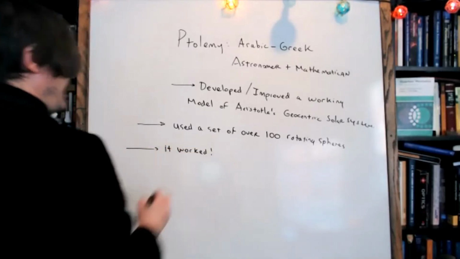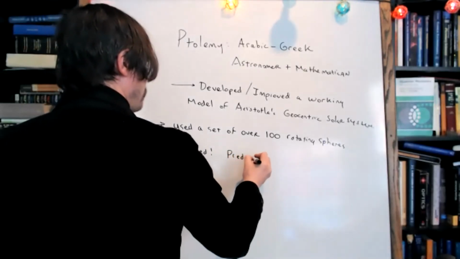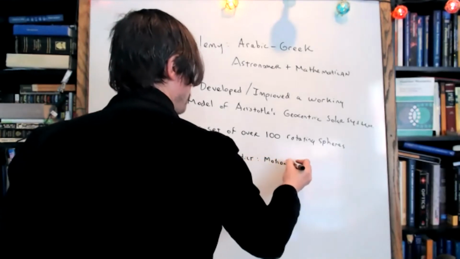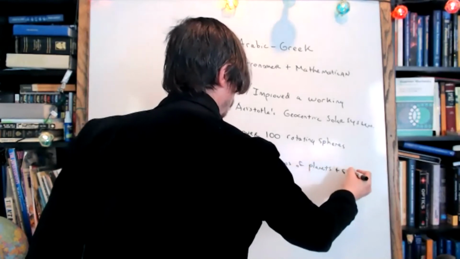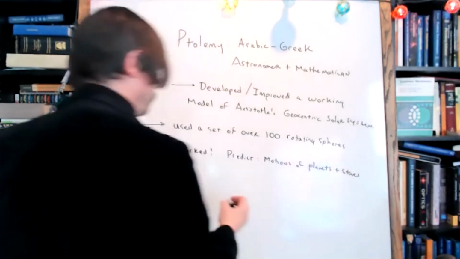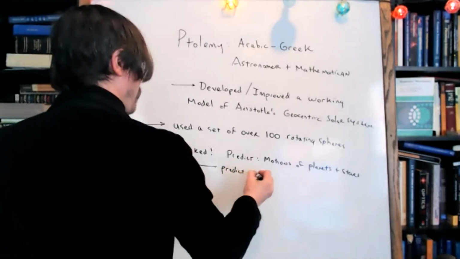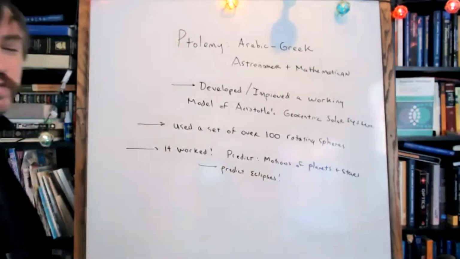And what do I mean by it worked? It means that he could predict the motions of planets and stars. He also could predict eclipses and other such things.